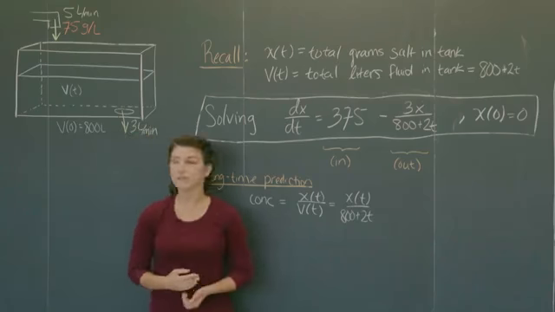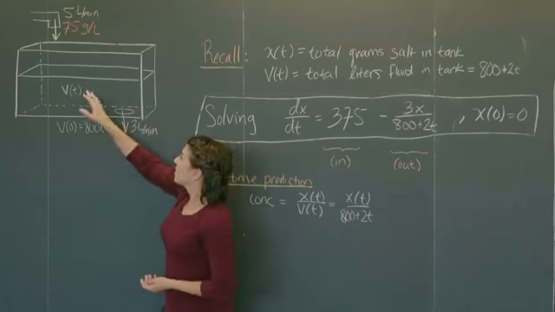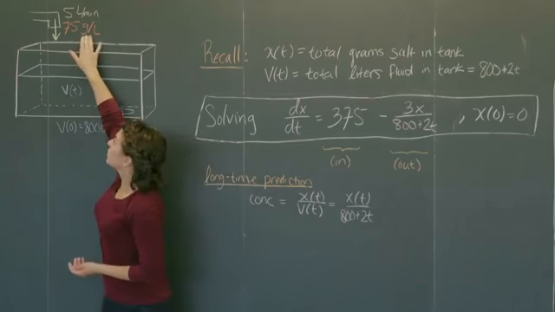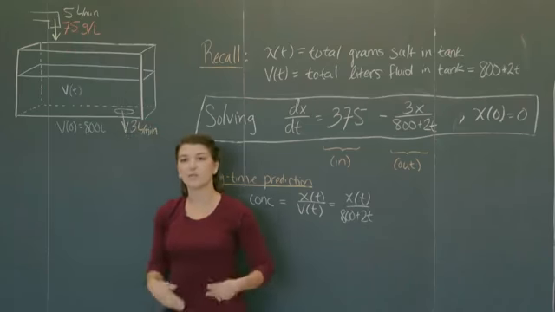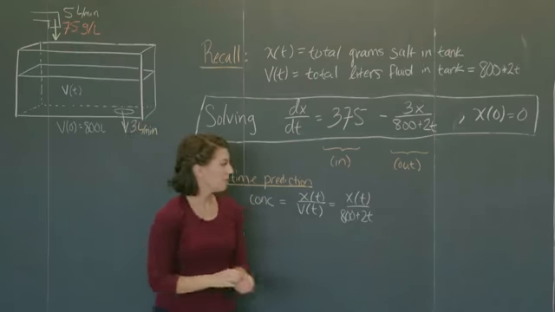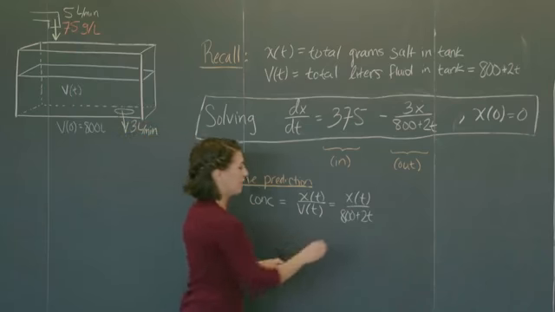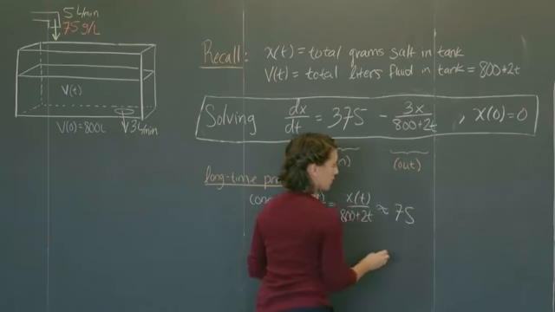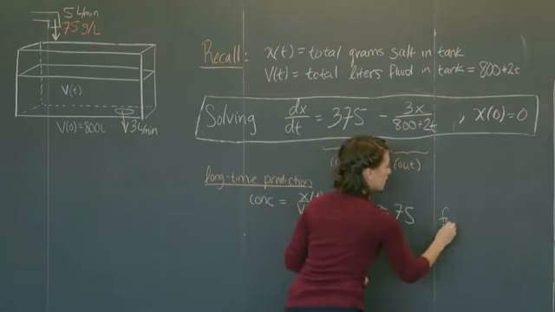After a long time, we expect that the concentration of the fluid inside the tank is equal to the concentration of the fluid that we're continuously pouring into the tank. So that means that this expression will be approximately equal to 75 grams per liter for large t.